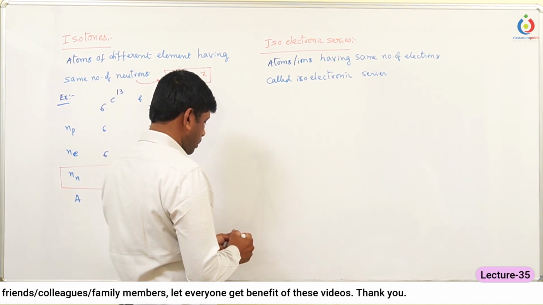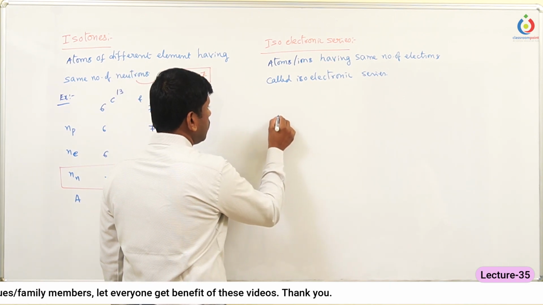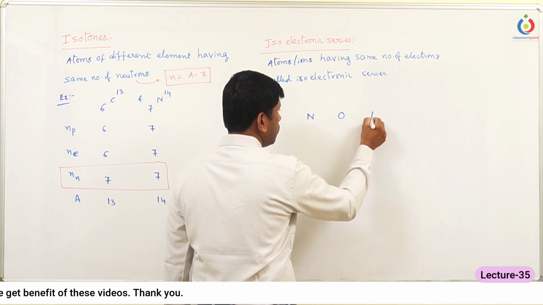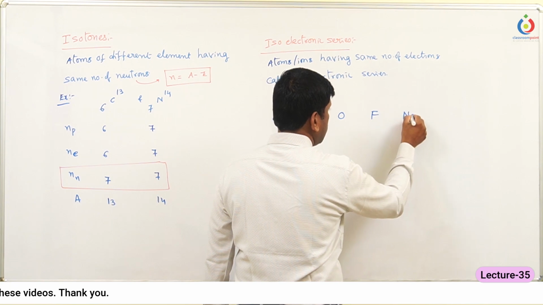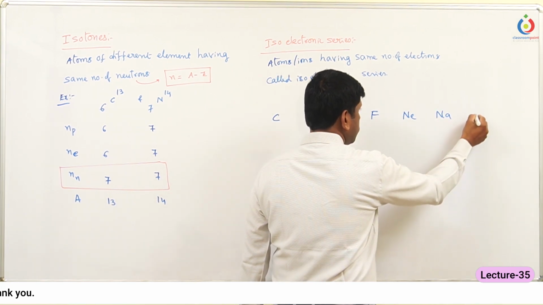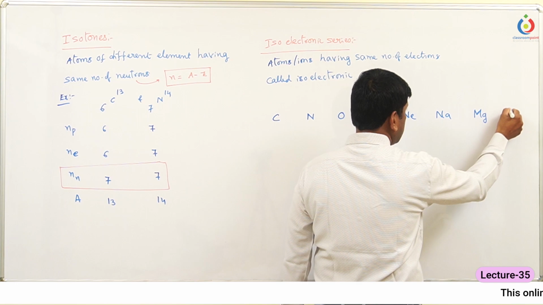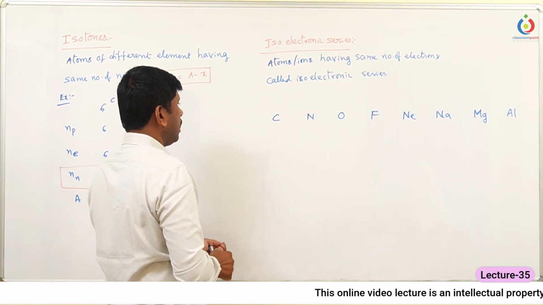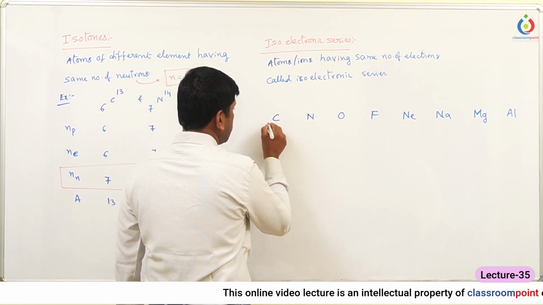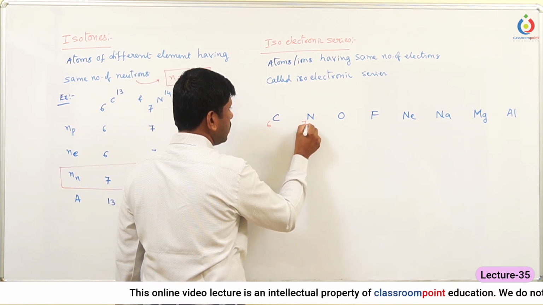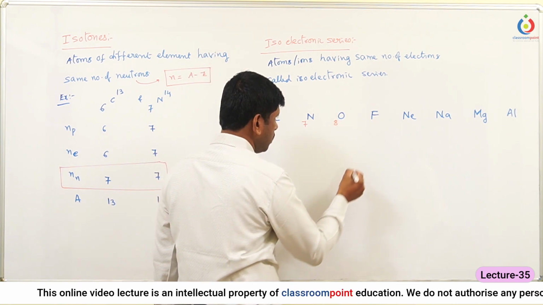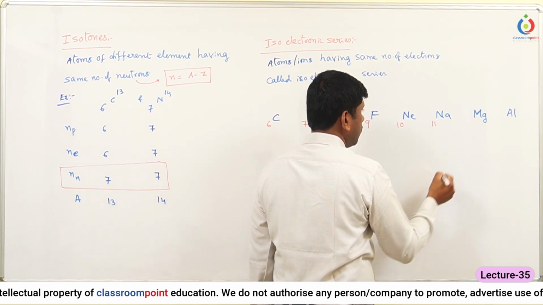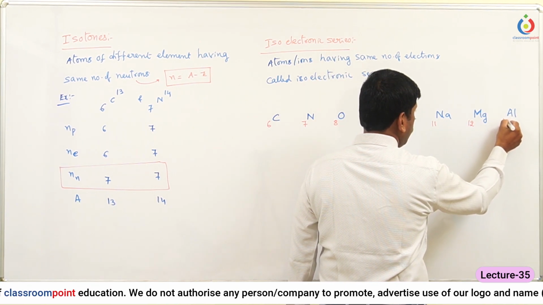So let's take an example here. Carbon, nitrogen, oxygen, fluorine, neon, sodium, magnesium and aluminum. Their atomic numbers: carbon 6, nitrogen 7, oxygen 8, fluorine 9, neon 10, sodium 11, magnesium 12, aluminum 13.